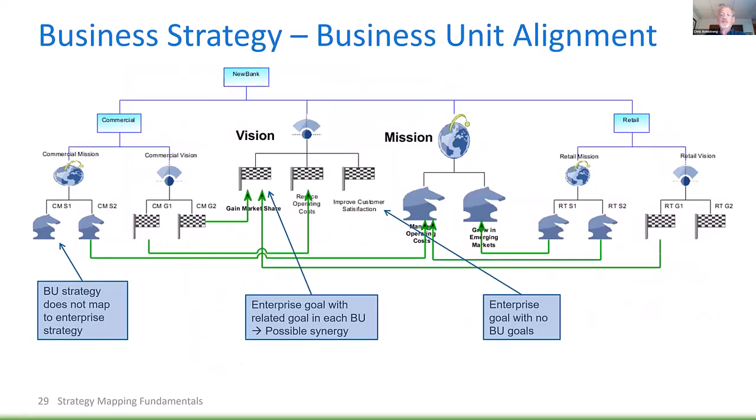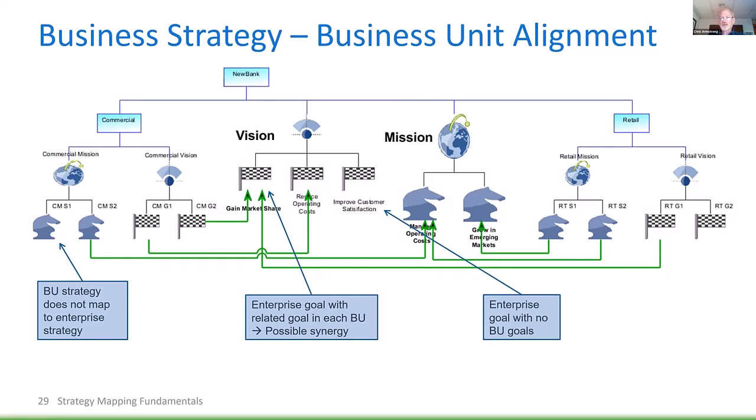But then we've got the whole idea that the previous slides might represent what the enterprise business strategy is, but then we need to flow that down to different operating units. So in this case, we've got the commercial bank side of the bank and the retail consumer side of the bank. Well, guess what? They've got their own means to an end. So they've got their own mission and vision and strategy and tactics and goals and objectives.